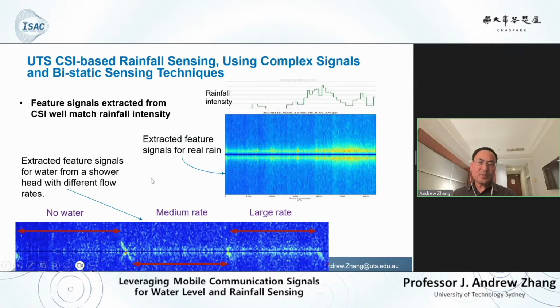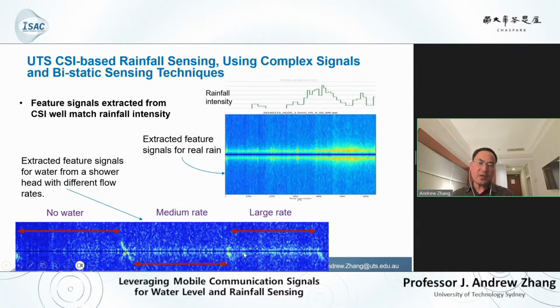And to verify whether such feature signals are caused by other factors instead of the rainfall, we also did experiments in an indoor environment in the bathroom. With a controlled experiment in the bathroom, we can exclude all the potential interference sources from the environment, and we applied a similar technique to extract the feature signal.